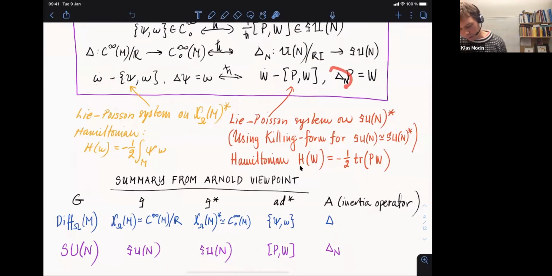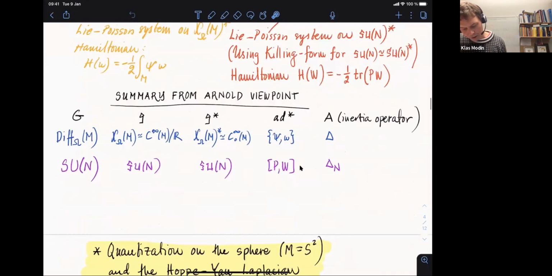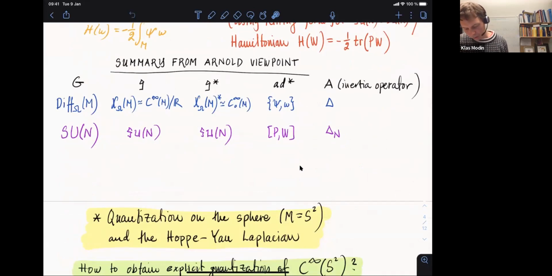Okay. So far, let's just see what we want from this. We have a group here in the infinite dimensional case. We want to replace this by SU(N). We have an algebra consisting of either symplectic vector fields or this space here of Hamiltonian functions, and then we have a corresponding algebra here.